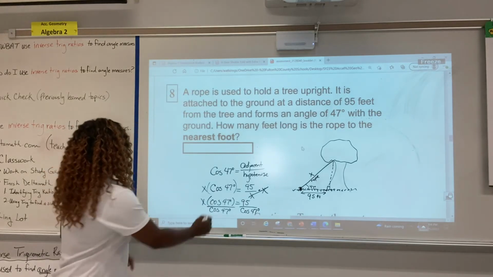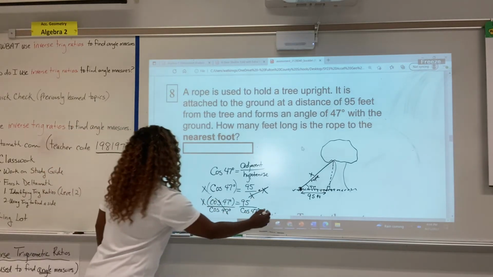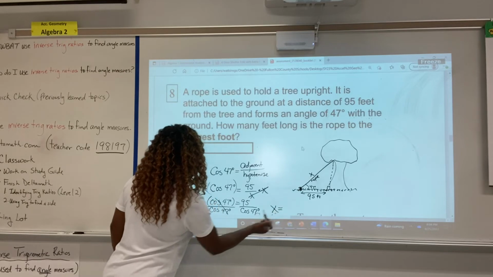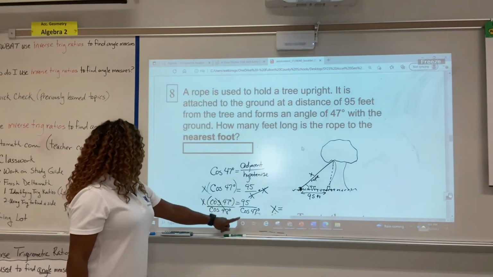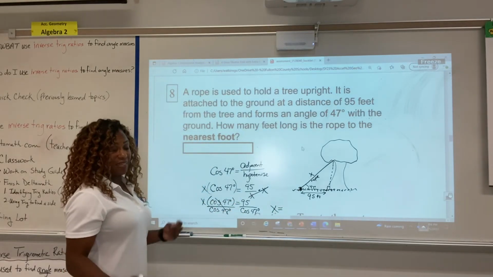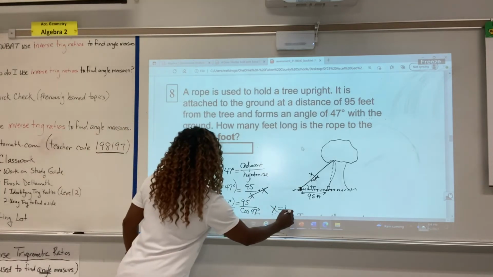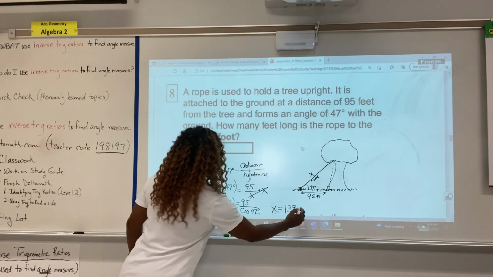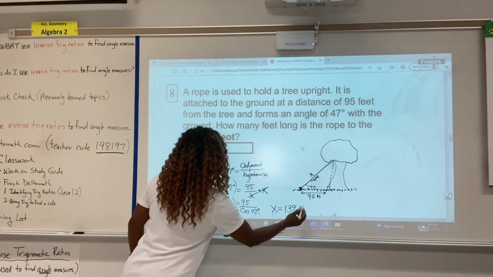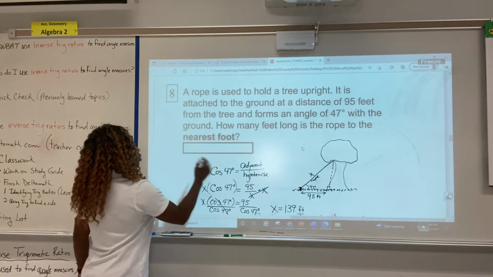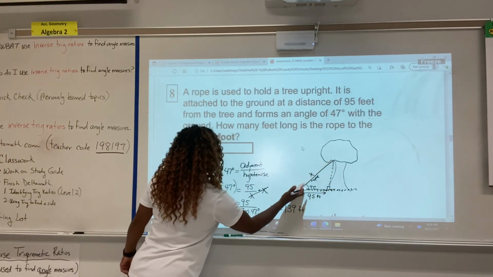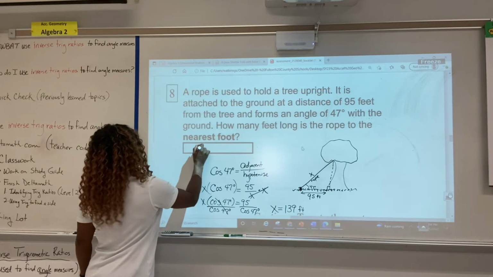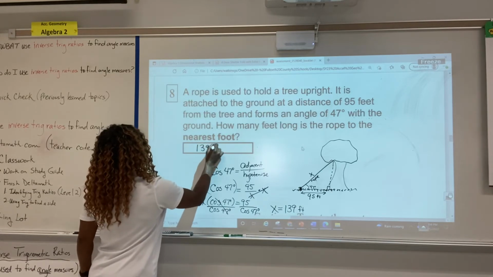All right, these will cancel. My x will be left. And when we put 95 divided by the cosine of 47 in the calculator, we get 139. And remember, this is in feet. So the rope, this diagonal, this hypotenuse is 139 feet.